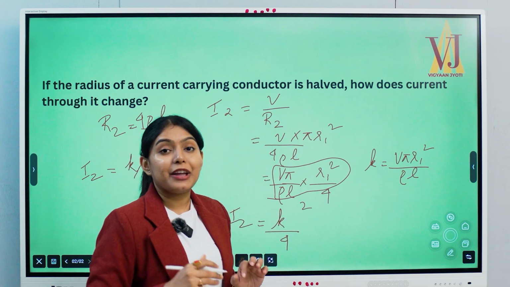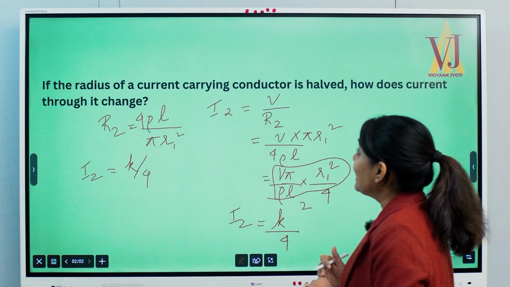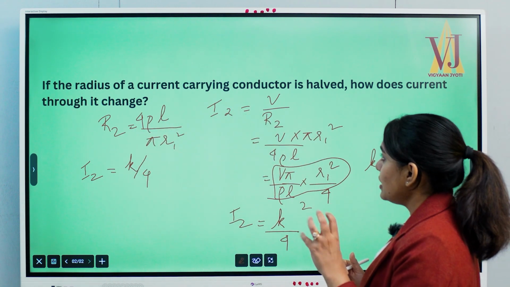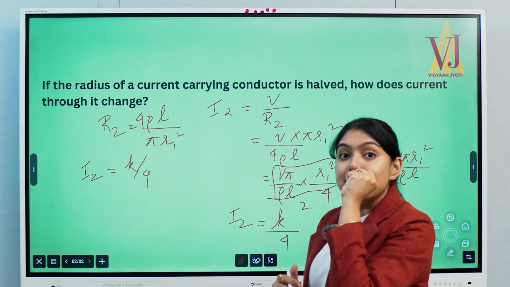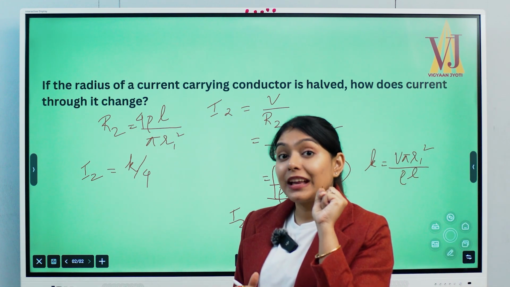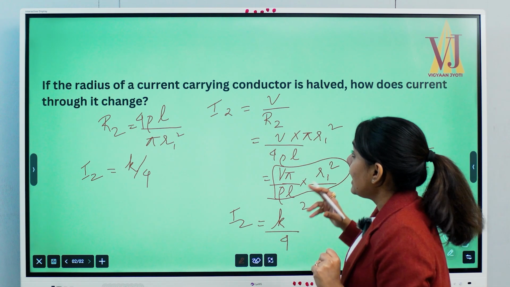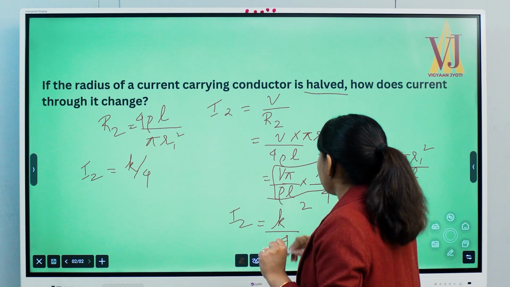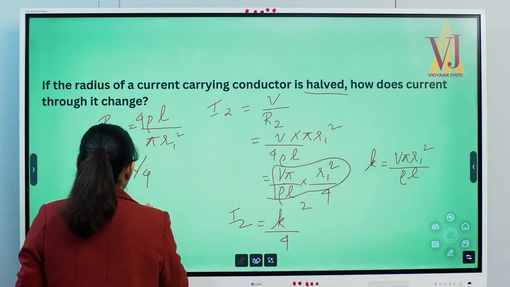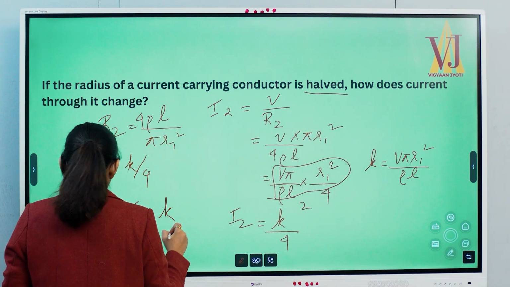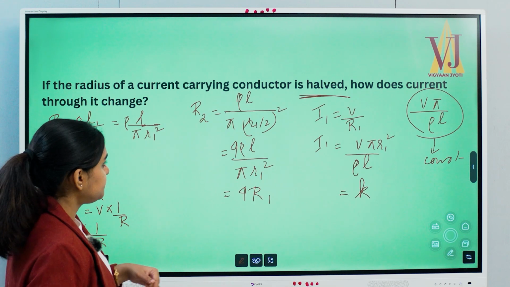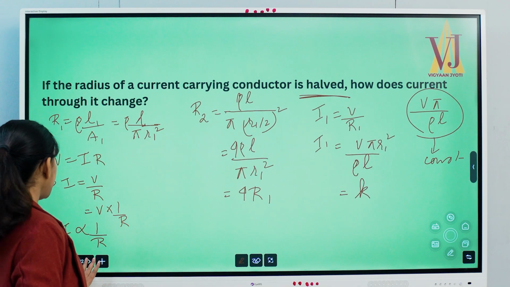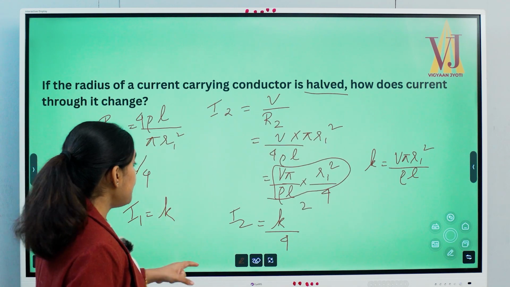That means if my radius is halved, my current is going to decrease. Initially my current was I1 equals to K. This time the value became K by 4.